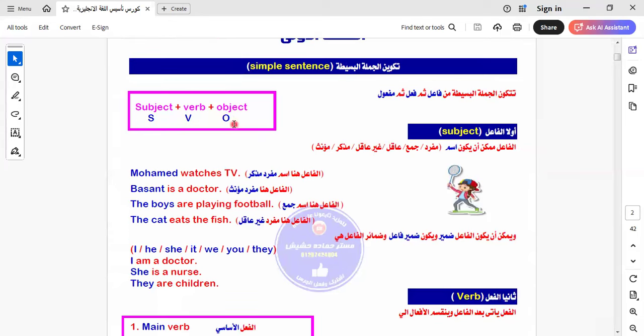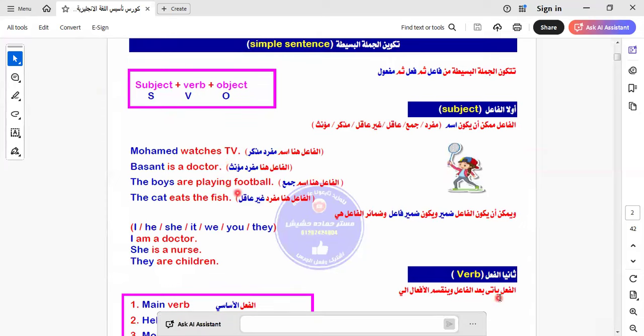So you must know this rule to know how to write the sentence, because this is important for us in making sentences and also in writing the paragraph. Okay, Muhammad watches TV. Here Muhammad is singular or plural? Singular. So I add es to the verb. Why do I add es? Because Muhammad is singular.